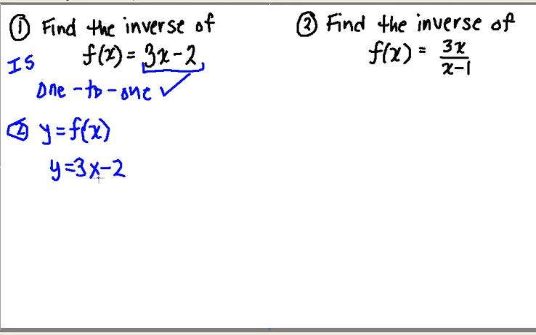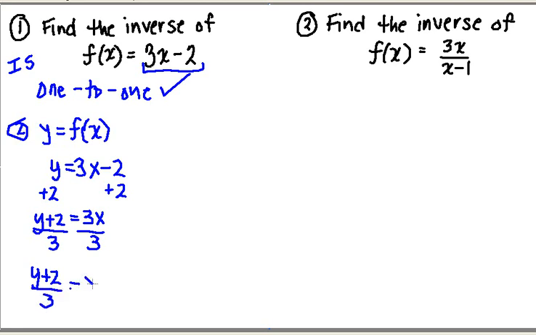And I want to solve for x. So I'm going to basically isolate x on one side. First, I'm going to add 2 to both sides. I get y plus 2 equals 3x. And now, to isolate my x, I'm going to divide both sides by 3. Okay, and I get y plus 2 over 3 is equal to x.